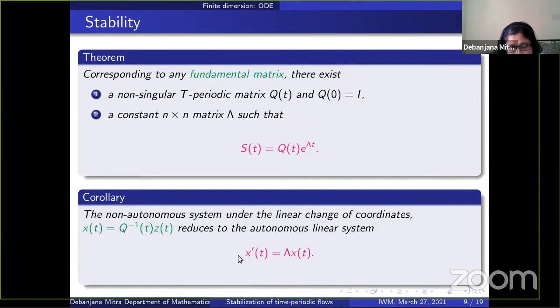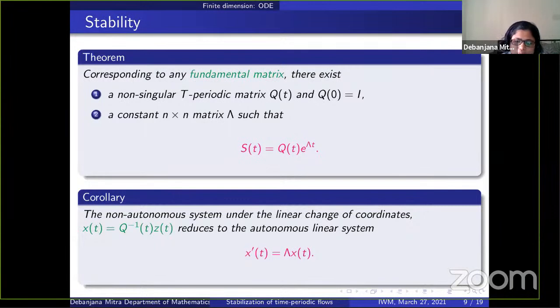And here, once we look at this autonomous linear system, we know what stability means. To obtain the stability of this system, definitely all the eigenvalues of lambda have to have negative real part. So that is very much well understood.